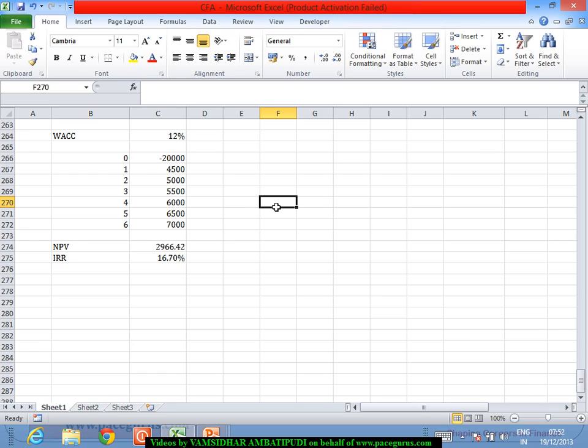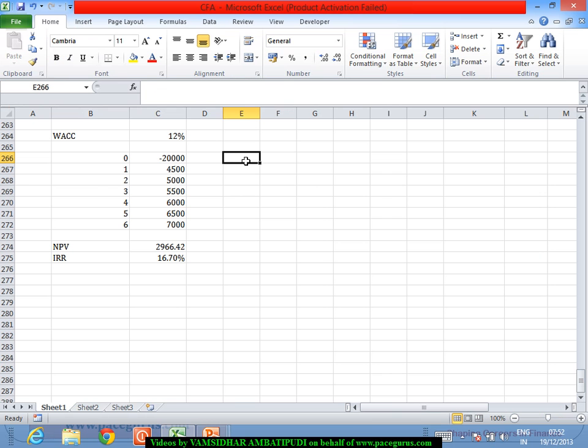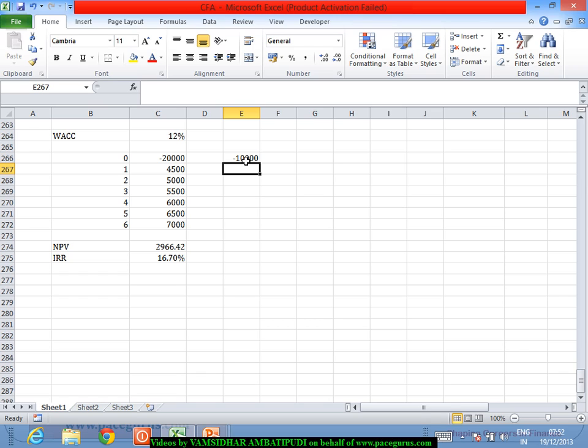But we are talking about mutually exclusive projects, wherein the second project is saying, invest 10,000 in a 3-year useful life project which can generate 5,000, 5,500 and 6,000 in the 3 years.